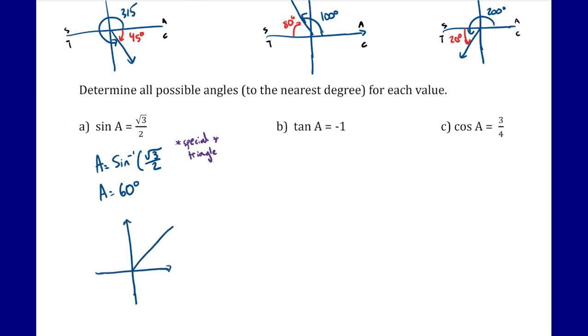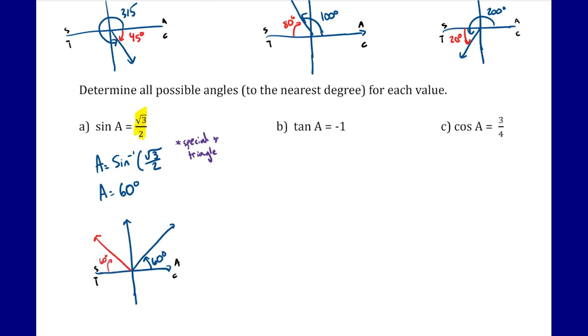So sine 60 is there using the CAST rule, C-A-S-T. We know we're in the positive direction because it's a positive ratio up here. That means the only other option has to be in this quadrant here, so we need to have a line there. We're going to use 60 as our reference angle.